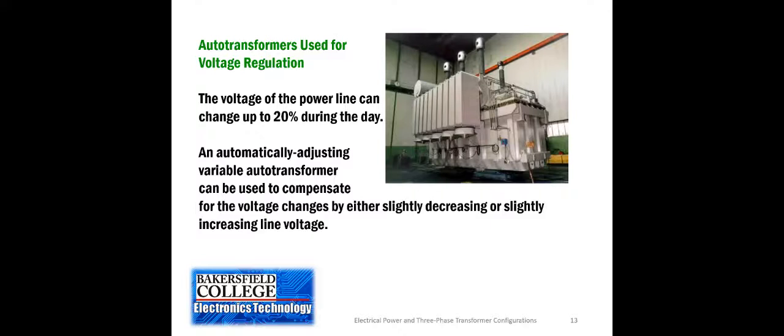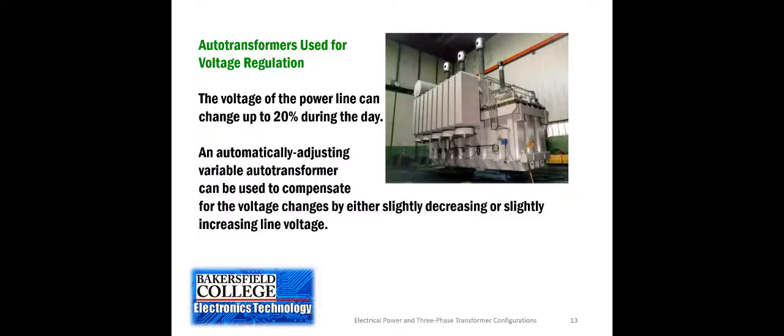A good thing to do would be to try to adjust the voltage at the generating station. The downside of doing it that way is that the generating station is usually hundreds of miles away from where the electrical power being generated is actually used.